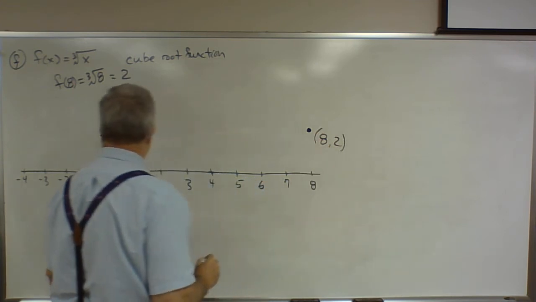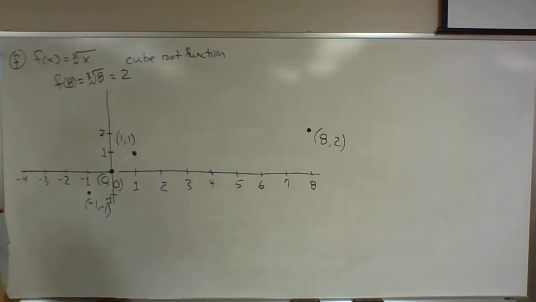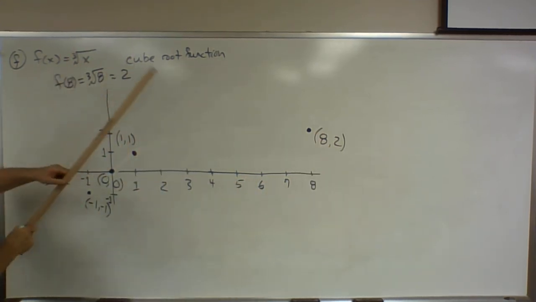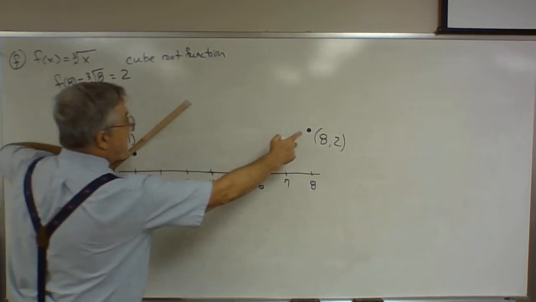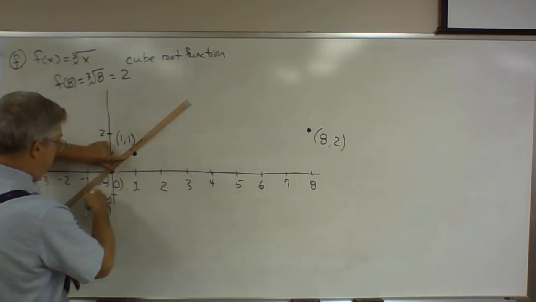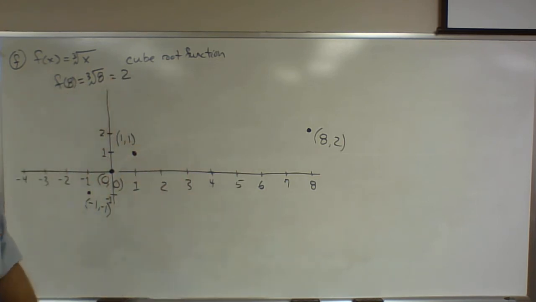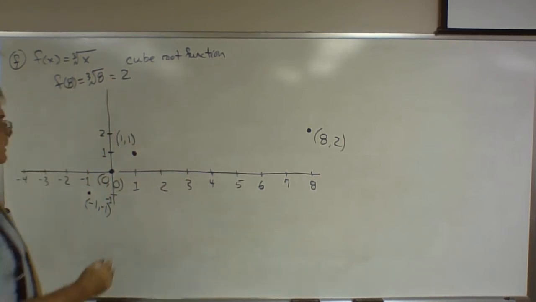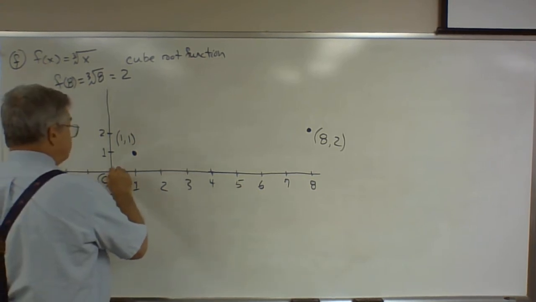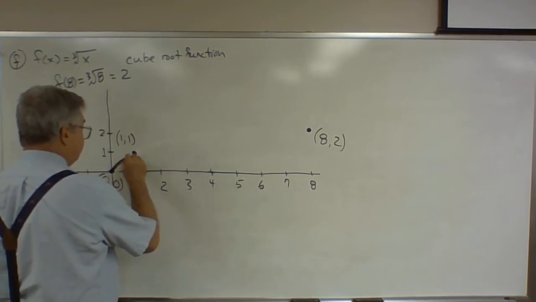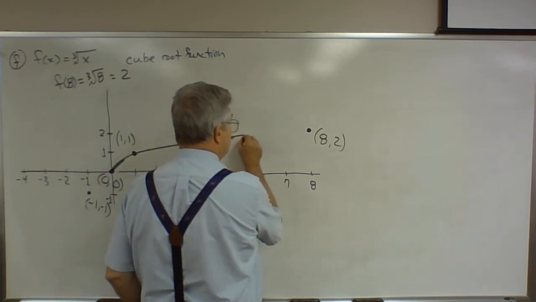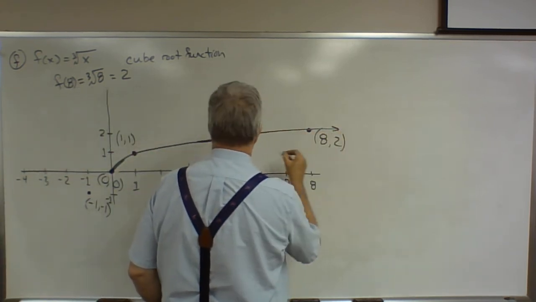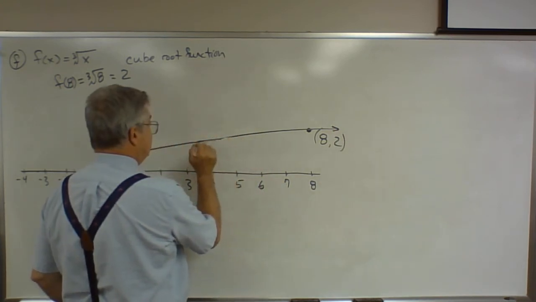is on this graph. And now clearly I can see that my graph is not a straight line because this point is not going to be on that line. So I'm going to have to go through this point, and I'll get something like that.